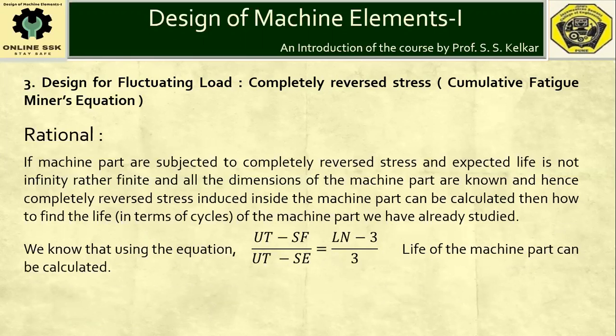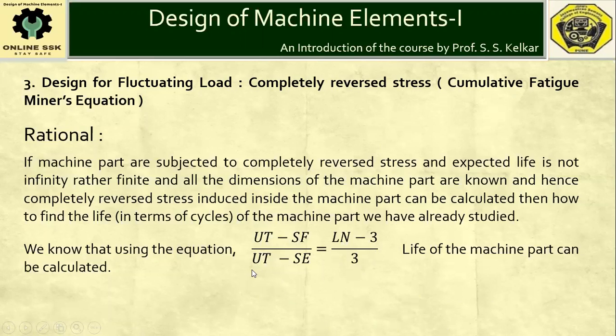Now, up till now, we have already discussed that whenever a machine part is subjected to completely reverse stress, and we need to find out the dimensions of the machine part, we use the equation (Sut minus Sf) divided by (Sut minus Sc) is equal to (N minus 3) upon 3. Suppose we need to find the dimensions and we know the expected life.